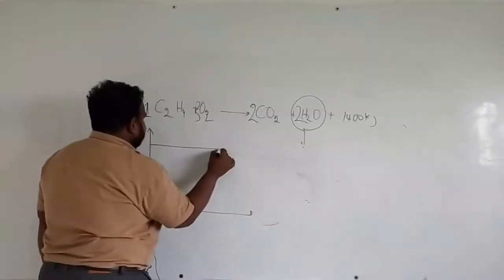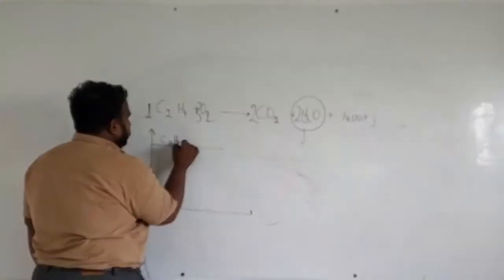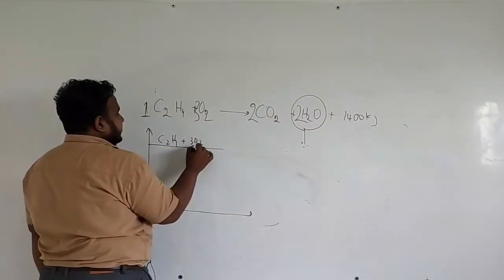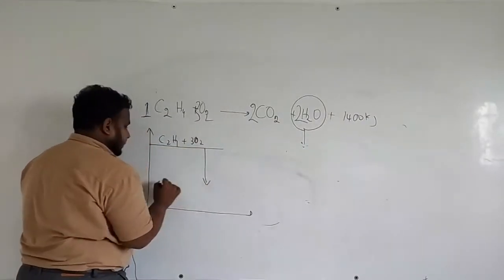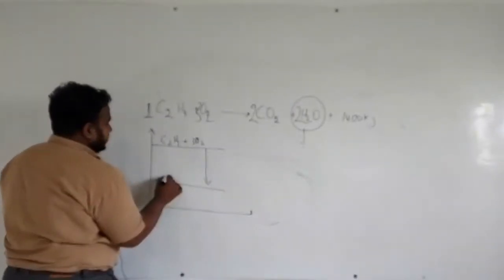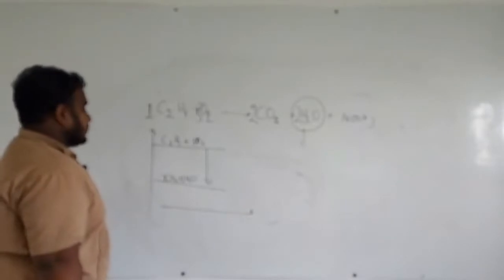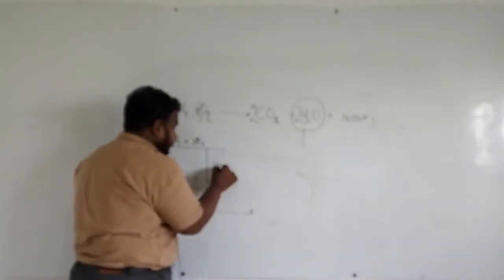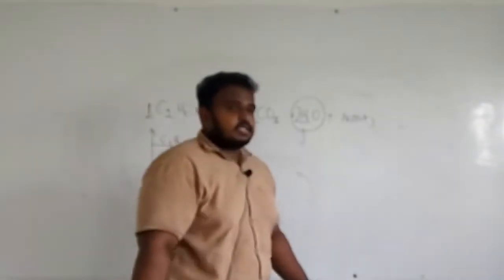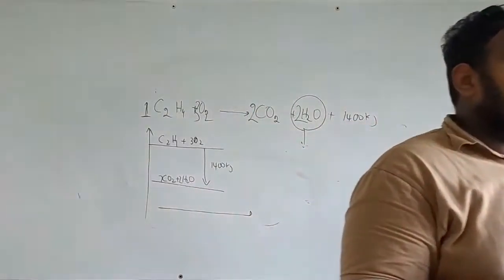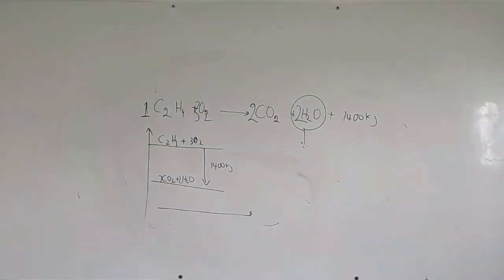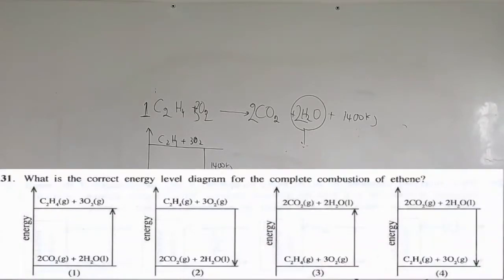So here it is going to be C2H4 plus 3O2, and it comes down here to CO2 and H2O, right? So this value is going to be 1400 kilojoule, right? So in that case, the answer will be which one? C2H4, the second one, because the arrow mark should be down. So the answer is going to be the second one.